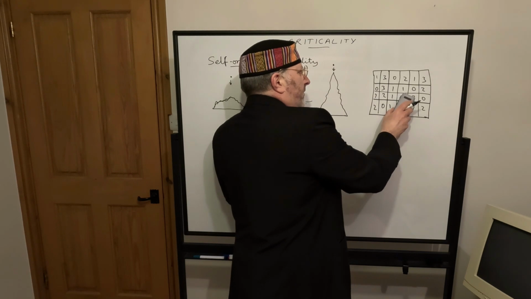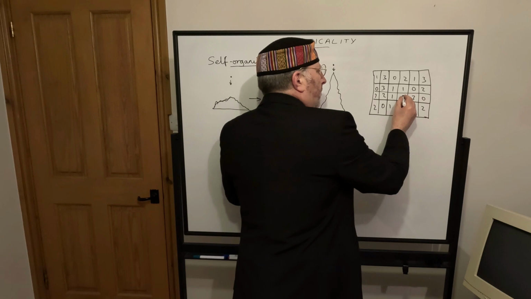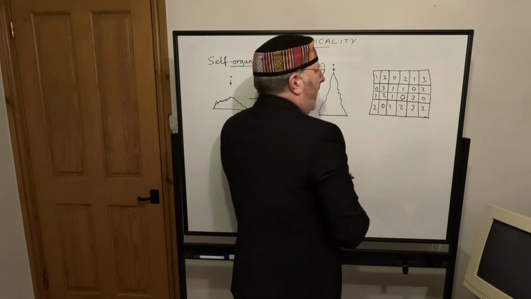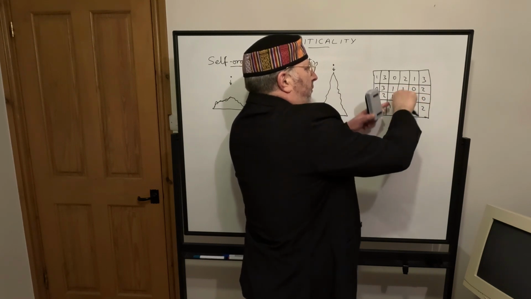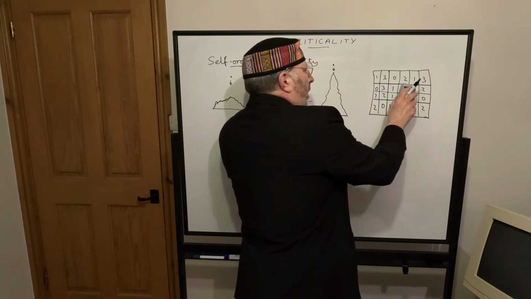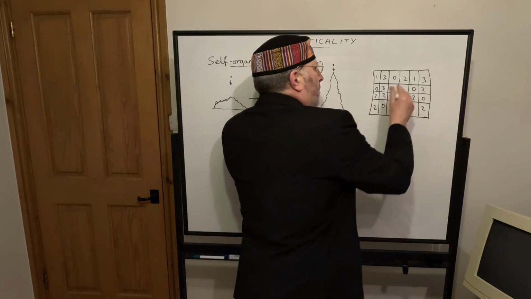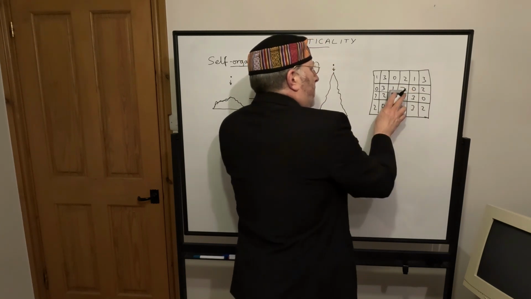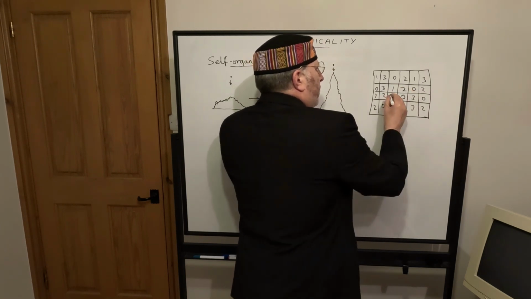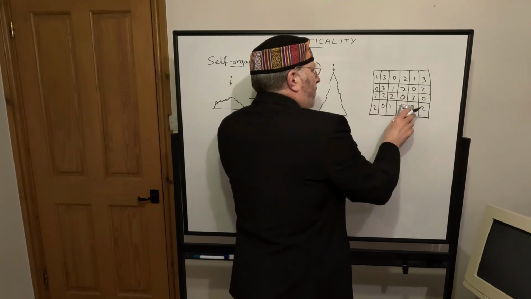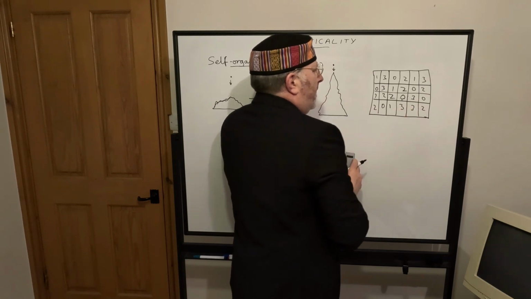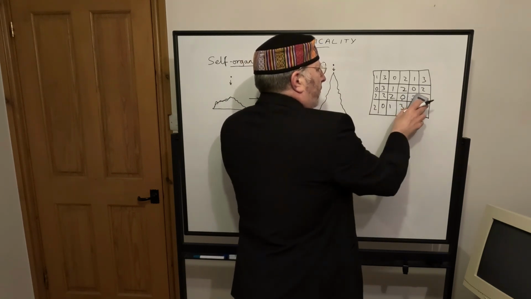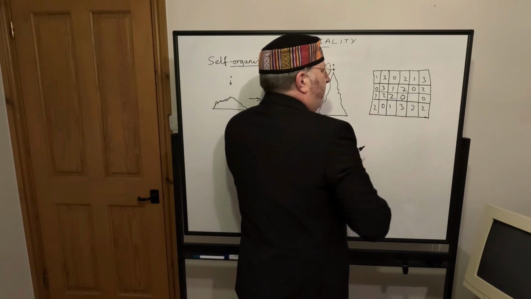And then as it's 4, it's now going to topple, so it goes back to 0, and then we add 1, so that the grains disperse north, south, east and west. So this is 1 here, so that will go to 2. There's 1 here as well, so that goes to 2. There's 2 here, so that goes to 3. And then there's 3 here, so that's going to go to 4.